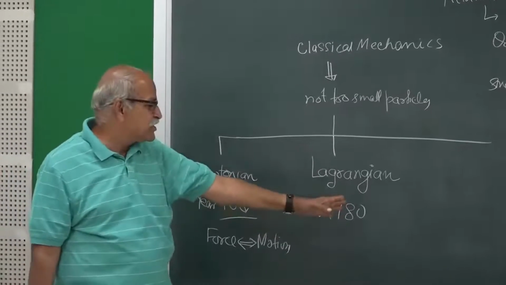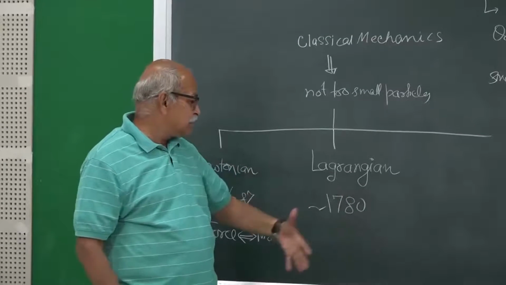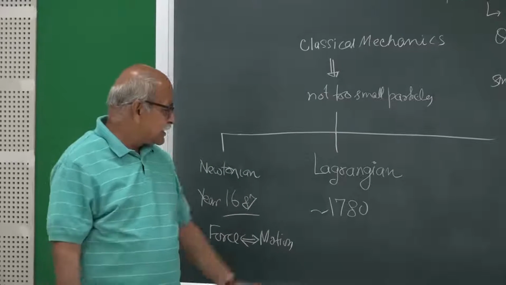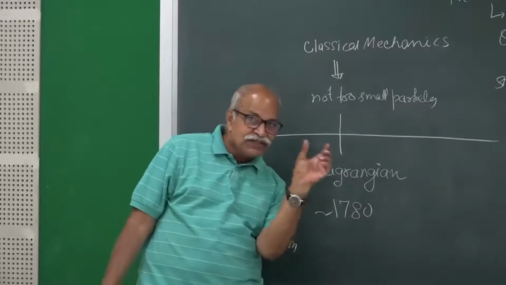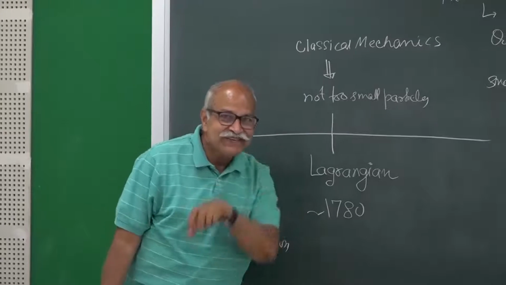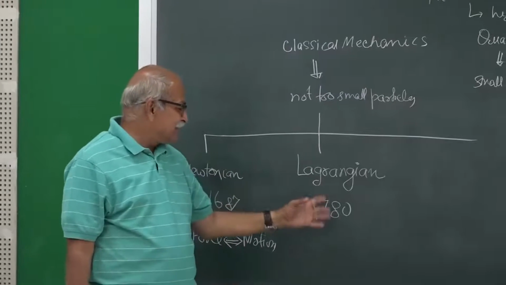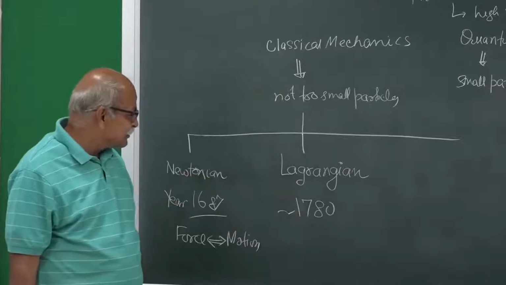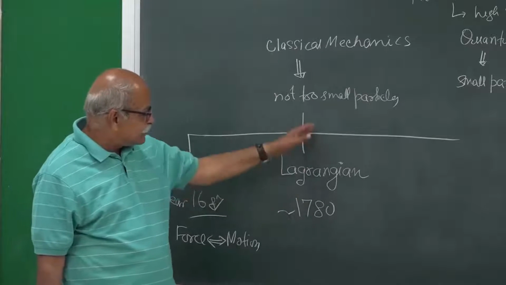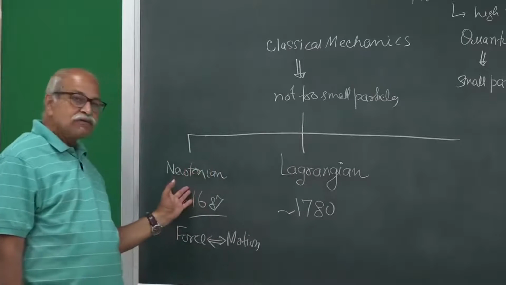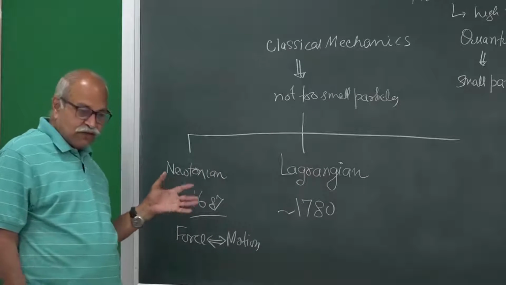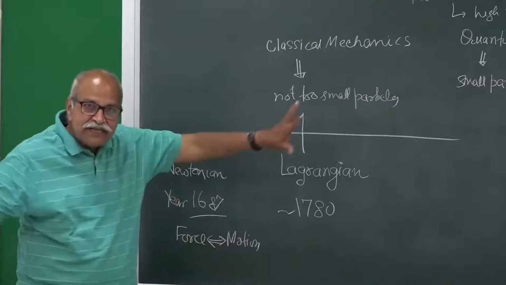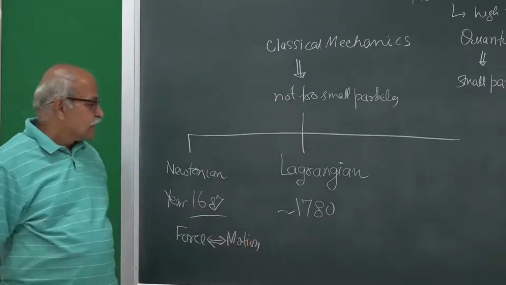He was basically a mathematician, and he developed a total branch of calculus where small variations are the key elements, and then some kind of least action principle and so on. That is the kind of mechanics which is equivalent to Newtonian mechanics, because you can always go from one to the other, but the entire formulation is very, very different.